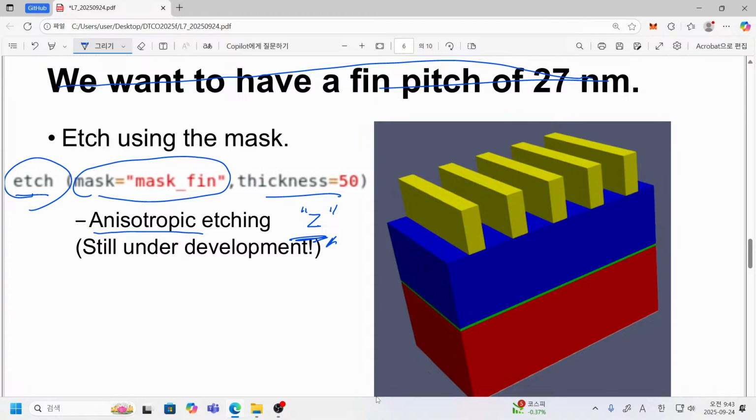I mean that it's like this. Say this is PR, photoresist, and for example, let's say this is silicon.